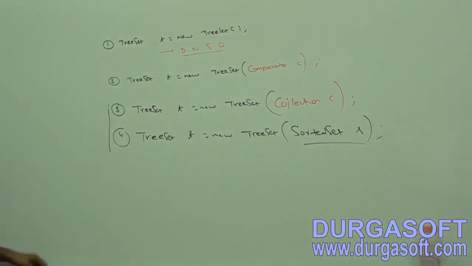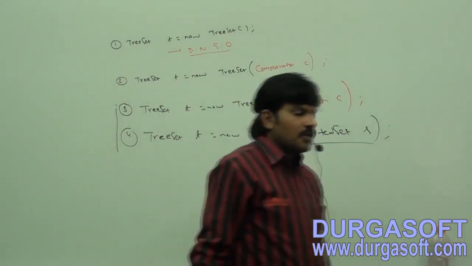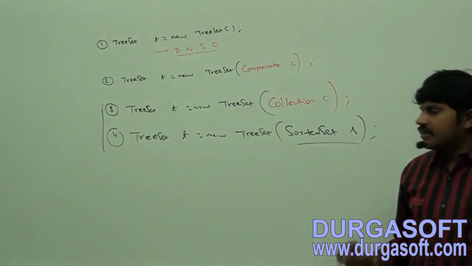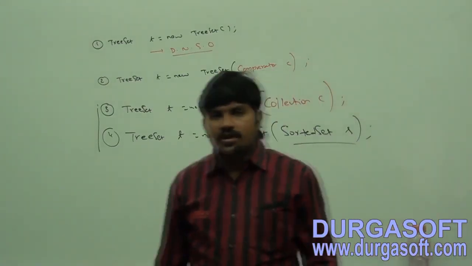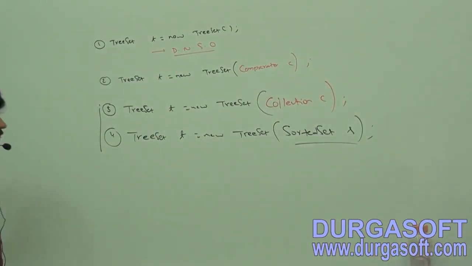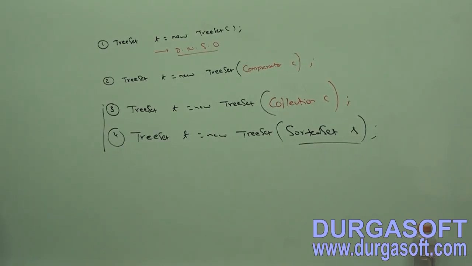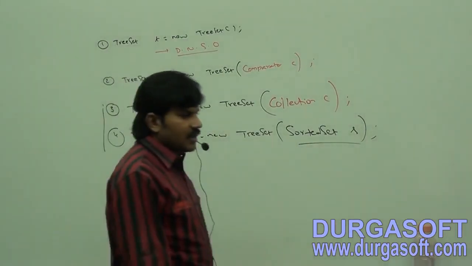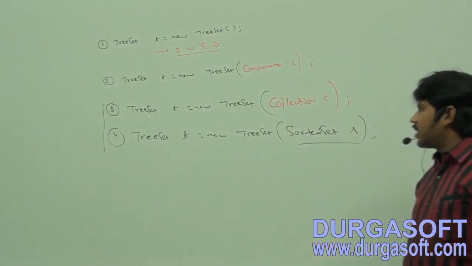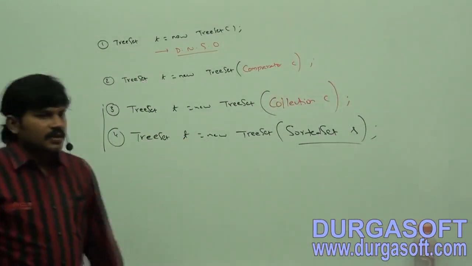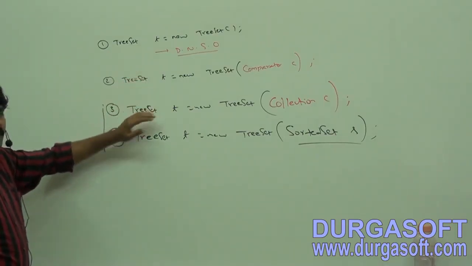These are the remaining two constructors also: TreeSet t = new TreeSet(Collection c) and TreeSet t = new TreeSet(SortedSet s). So total how many constructors are there?